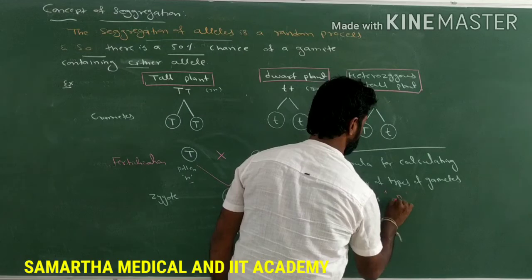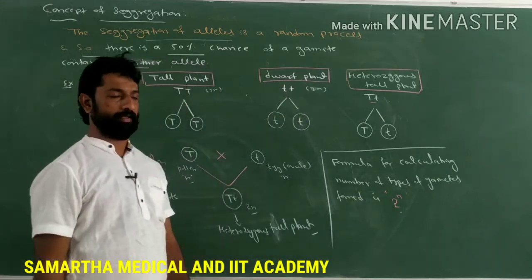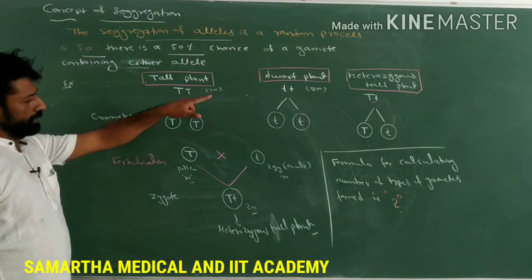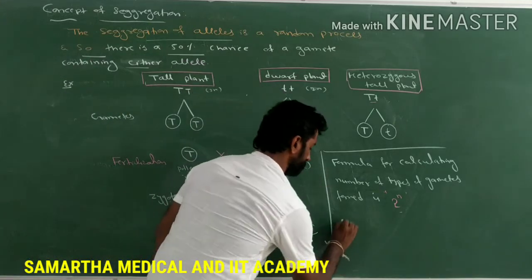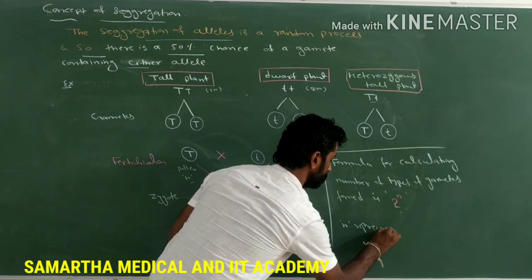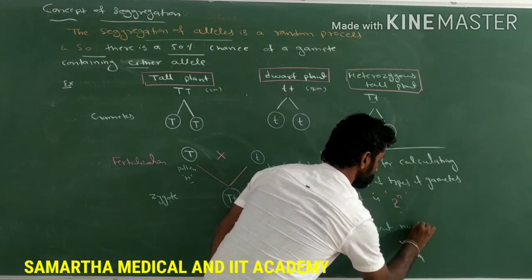Let's verify whether this formula is correct or not. And what does n represent here? Here n represents the number of heterozygotes.